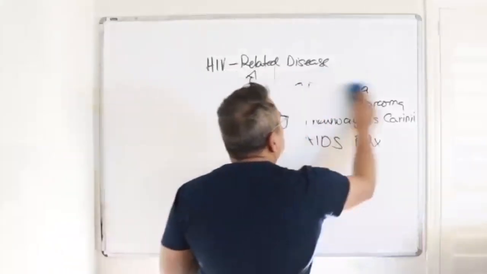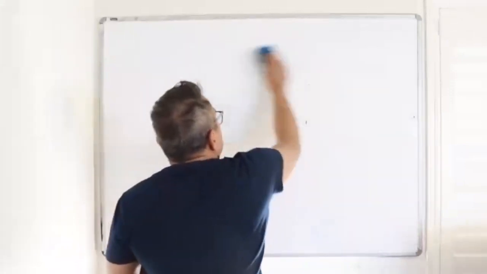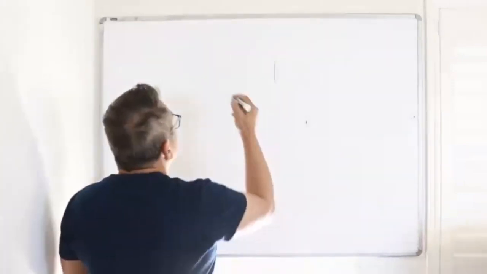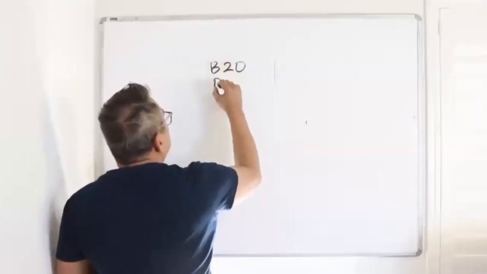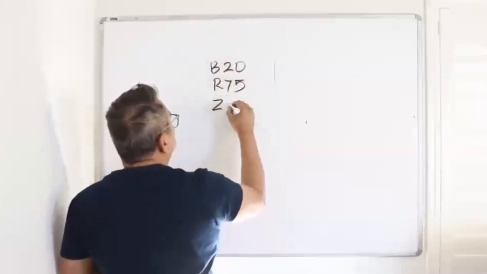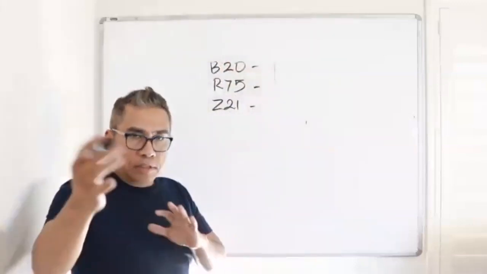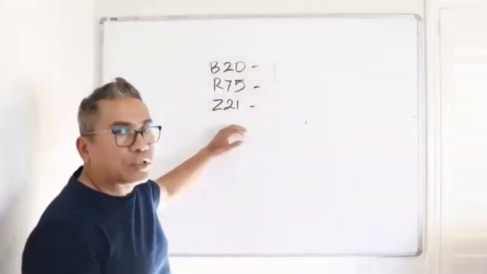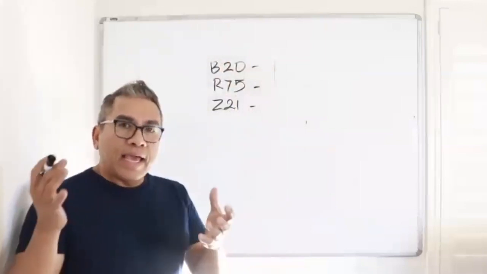Okay, let's write these codes down, guys, so we can unpack this coding rule. So, a lot of instructions, right? You have the B20 here, you have the R75, and you have the Z21. Earlier in the previous slide, we talked about the Z21. Z21 is for the asymptomatic HIV.